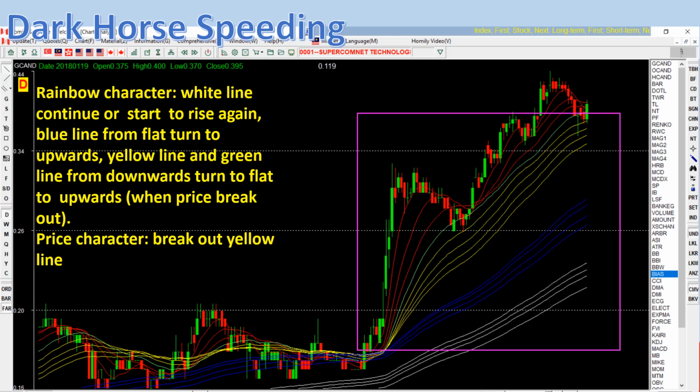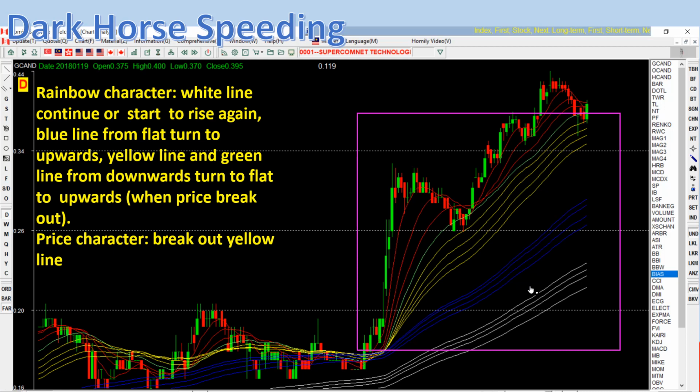The third one is dark horse speeding. The Homing Rainbow character is that the white line continues or starts to rise again. Sometimes the white line will go flat, and then start to rise again, and the blue line turns from flat to upwards.